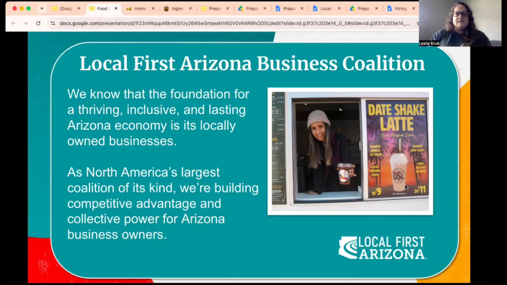We believe that this is building a competitive advantage by creating this collective power for Arizona business owners. We also think that supporting local businesses creates local jobs and it increases local prosperity. It keeps the jobs right in those communities. It keeps the money right in those communities so that we can ensure a lasting, strong economy as we move forward.